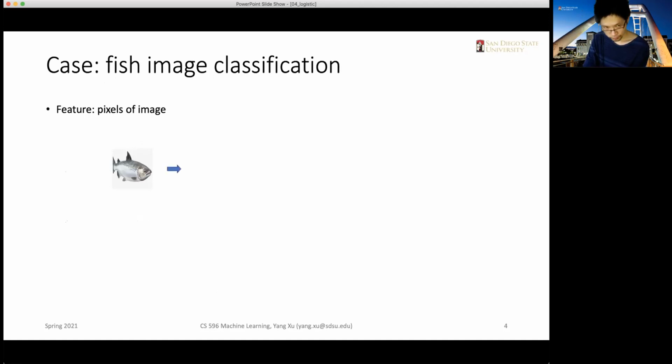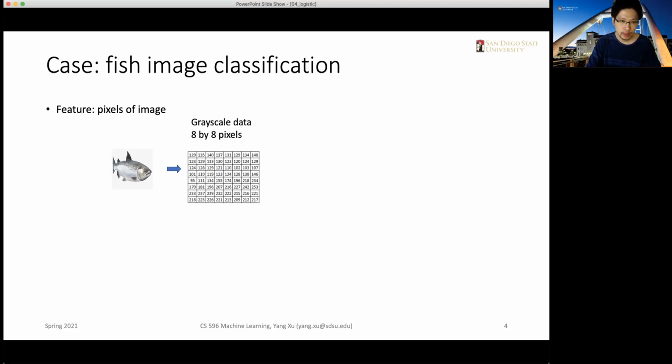So let's look at the fish classification as an example again, but this time we are not using real fish, but we use the images of fish, and an image is typically represented by a matrix of pixels. Basically, we use numbers to indicate the grayscale values. For example, if it's a black and white image, we use grayscale numbers to indicate the pixels.